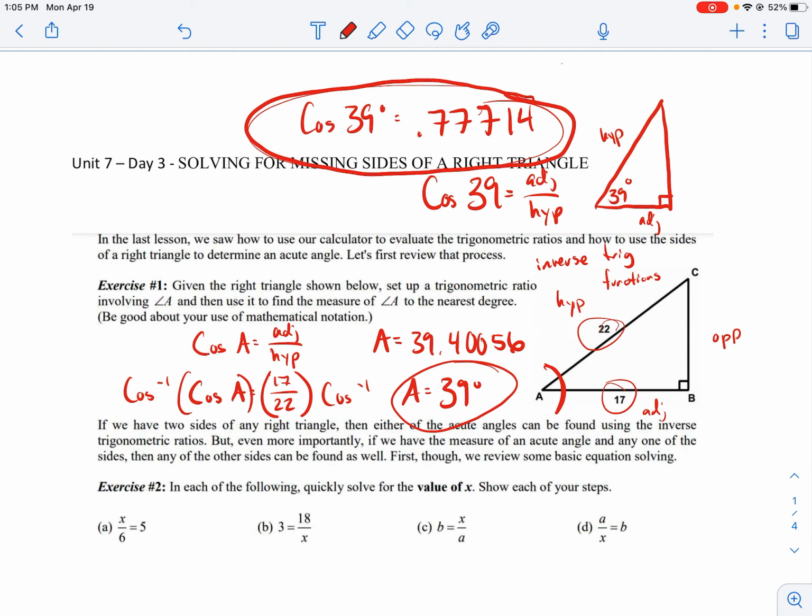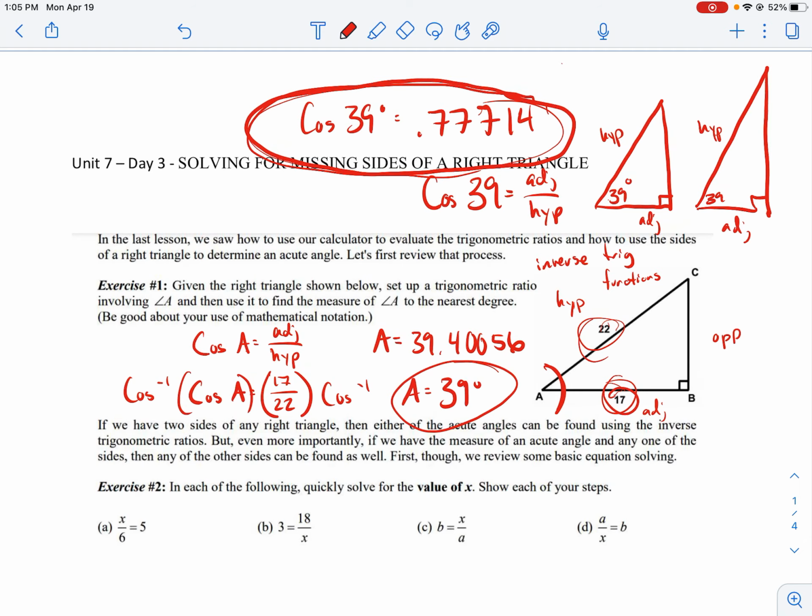And so for any right triangle that has a 39-degree measure there, its adjacent over hypotenuse ratio, created by those two side lengths, will always be right about there. And the closest one we had to the ratio we had down here was 39 degrees.